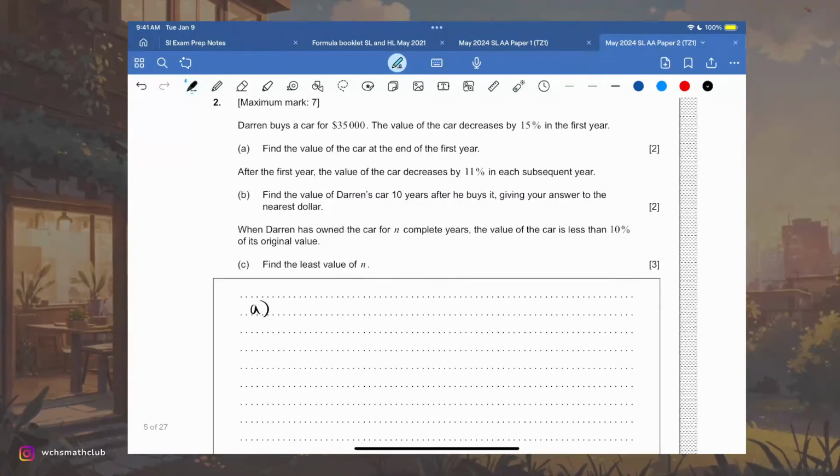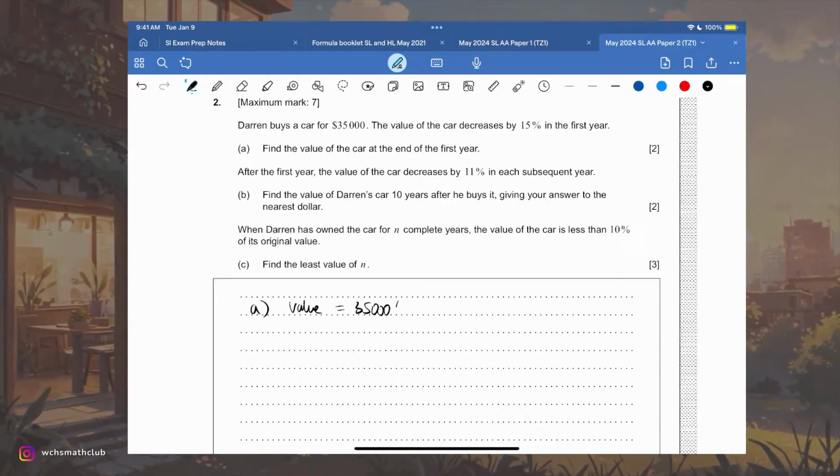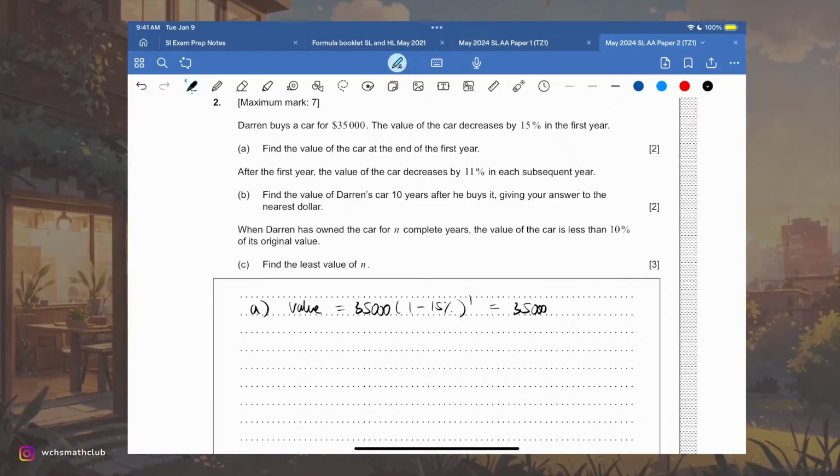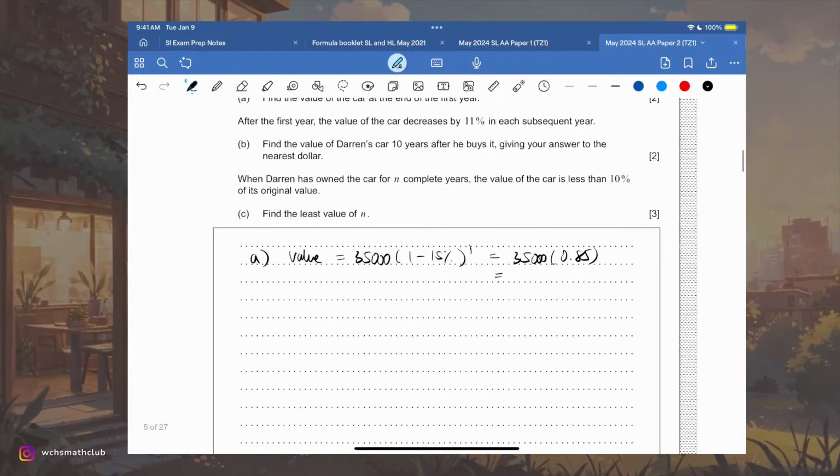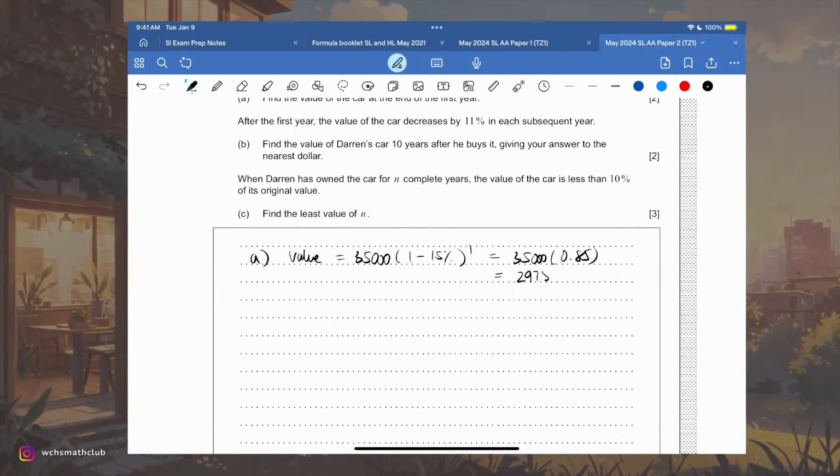Value of the car at the end of the first year equals 35000 times 1 minus 15% to the power of 1. So this is 35000 times 0.85, which gives us a value of 29750.